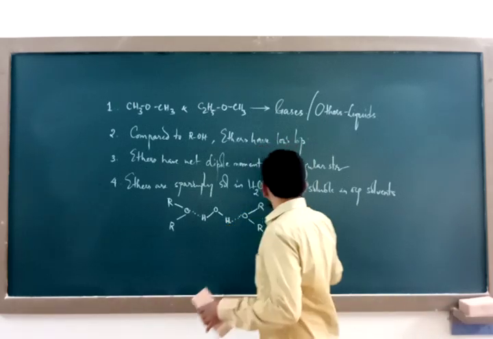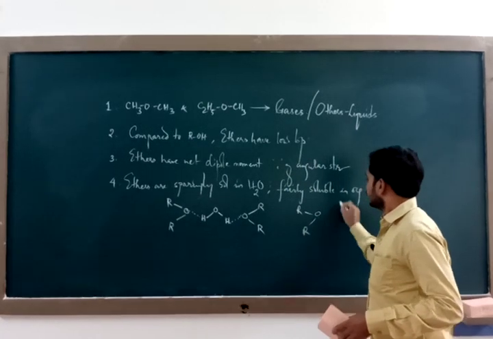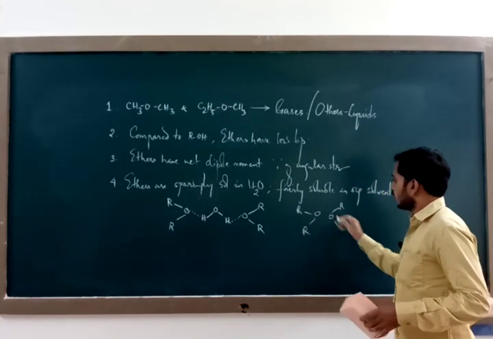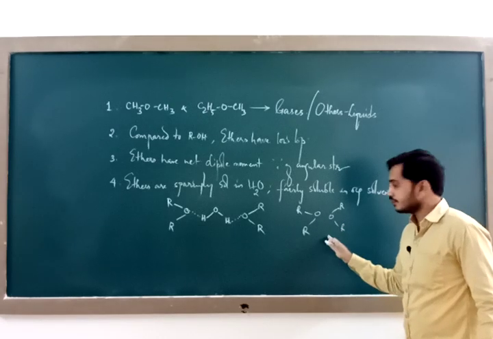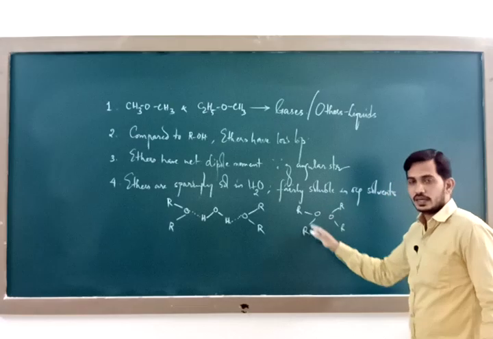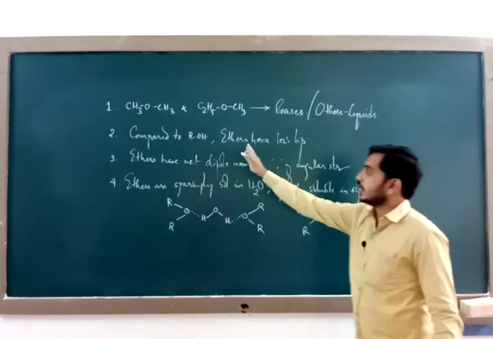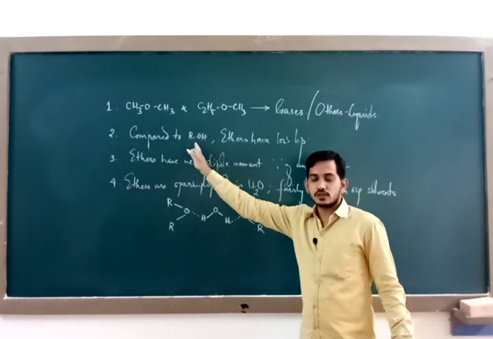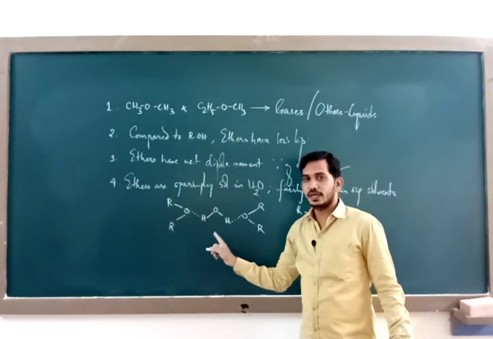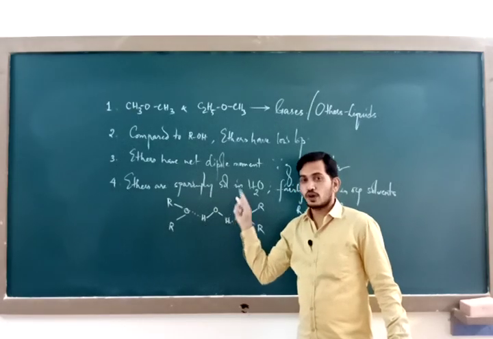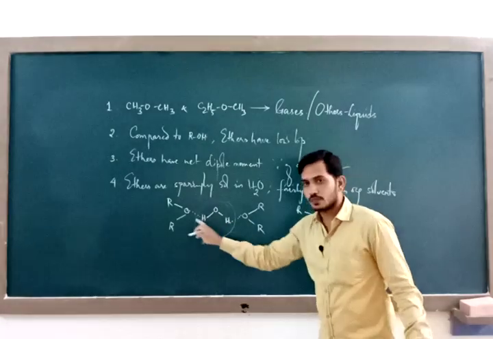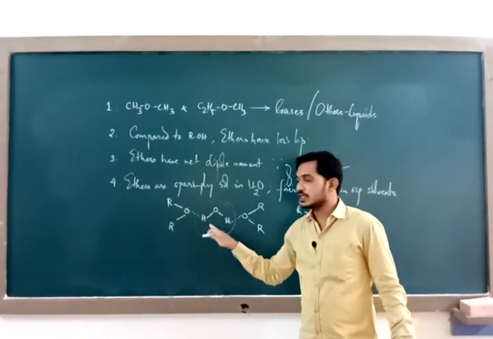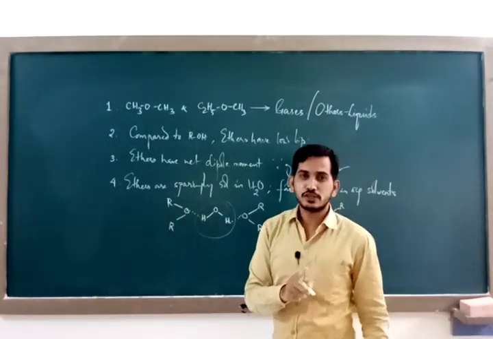Ethers cannot have bonding anywhere among themselves. For this reason, because of the absence of intermolecular hydrogen bonding, their boiling point is low compared to alcohols. Do not confuse this with solubility. When it comes to solubility in water, you have water for forming hydrogen bonds. So, this hydrogen bonding is shown by only lower members of ethers.